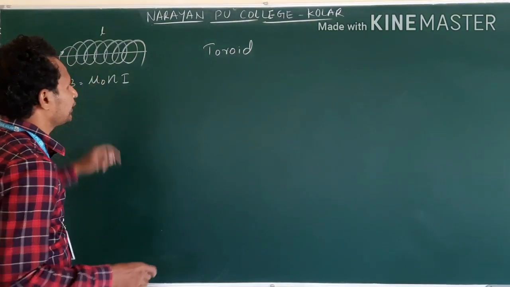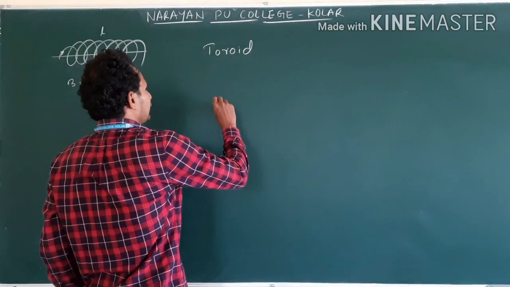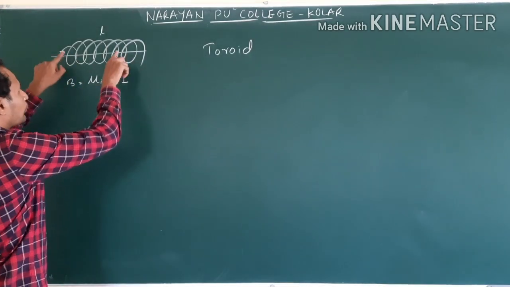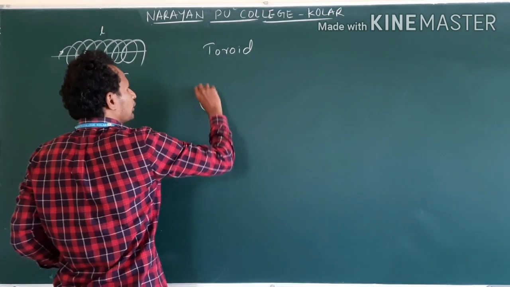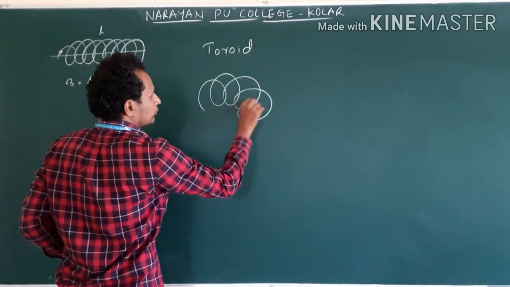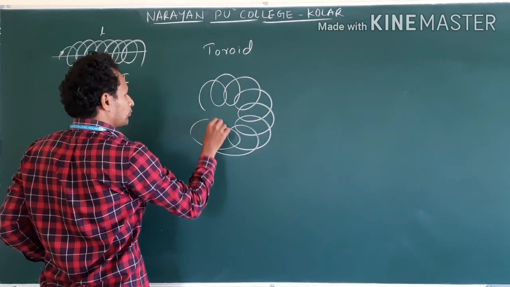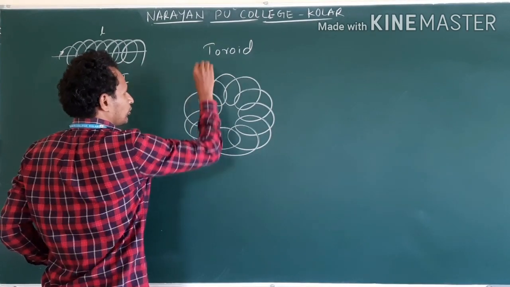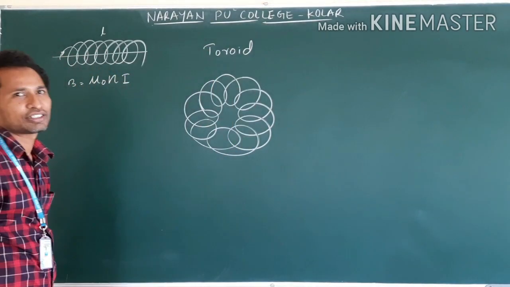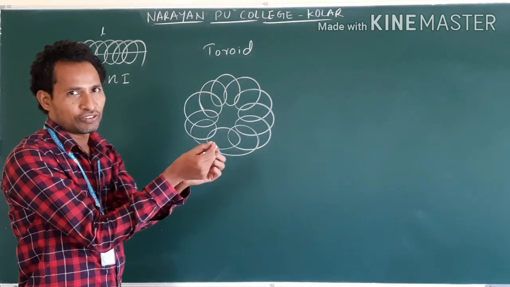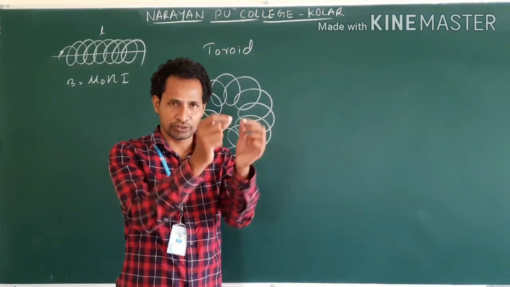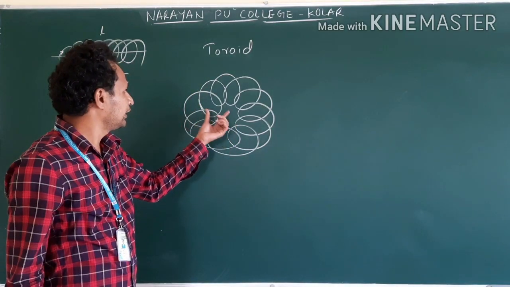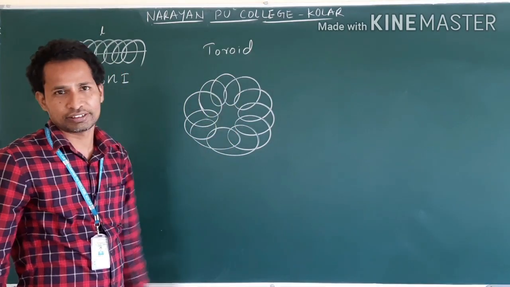This is a solenoid. If you make it into a circle, see, this is the straight one. If you join these two ends, how will it become? It will become like this. An end-to-end connected solenoid. If you bend it, it will come into a circular shape, and if you join the two ends, then it will form the toroid.